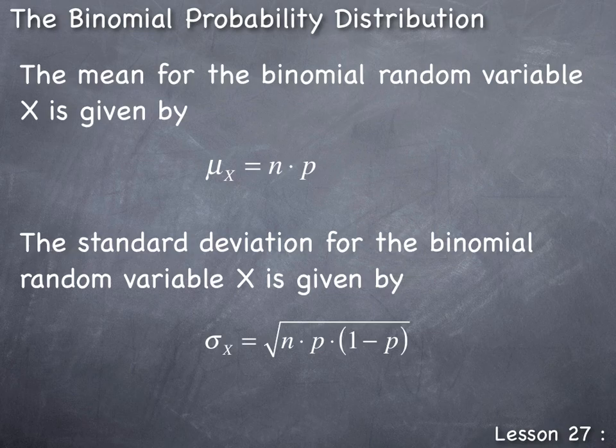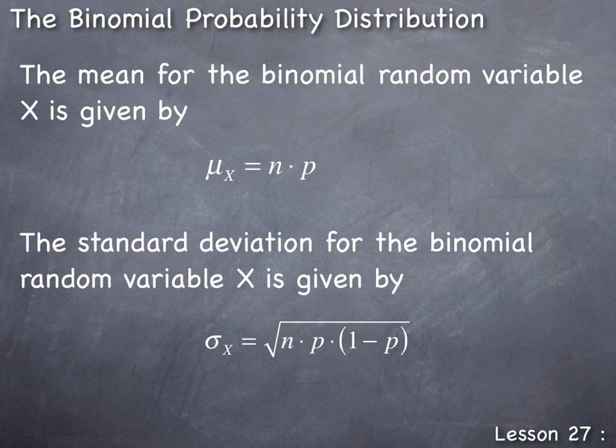But if we happen to know that the specific problem we're dealing with is a binomial, we can use these formulas to calculate the mean and standard deviation. To calculate the mean just requires one multiplication of n times p. And to calculate the standard deviation just requires two multiplications, a subtraction, and a square root.